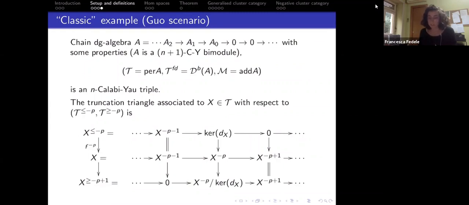And this is actually an object in the bounded derived category. This comes from the fact that you start with a chain DG algebra. So your X, you can prove it's actually isomorphic to a complex that is bounded on the right. So interrupting it somewhere on the left gives you a bounded complex.